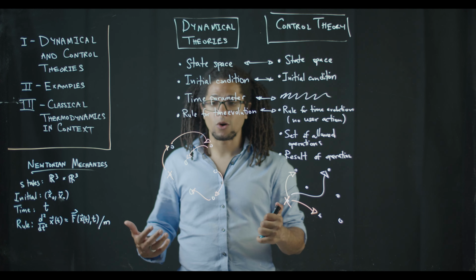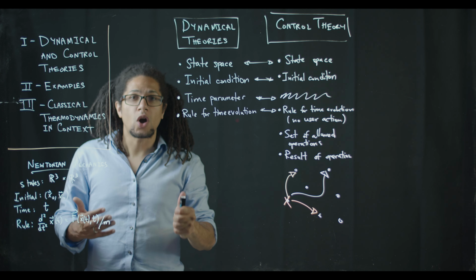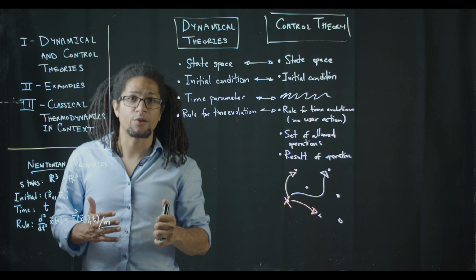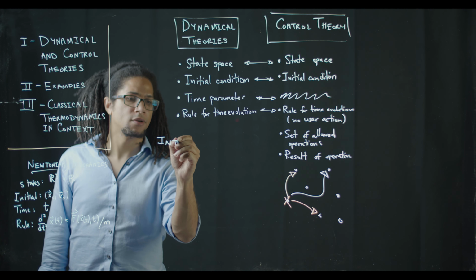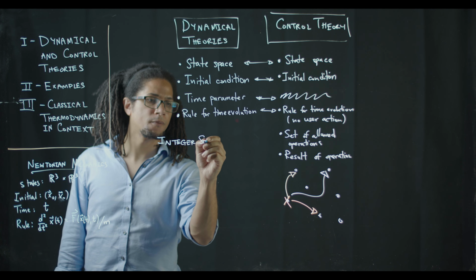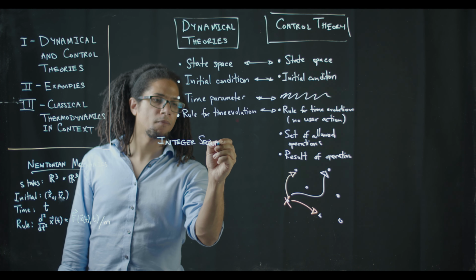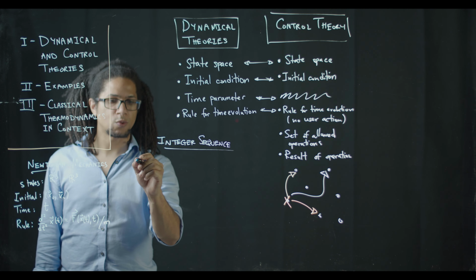Let me work out one more example that's also somewhat interesting. So you wouldn't often think of this as a dynamical theory, but an integer sequence is another type of dynamical theory. Let's work out all the details.